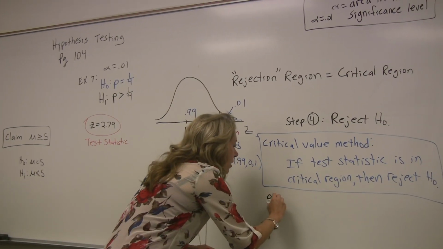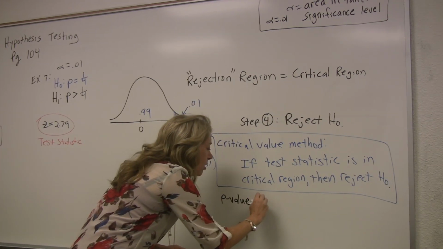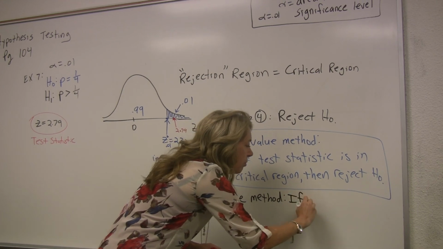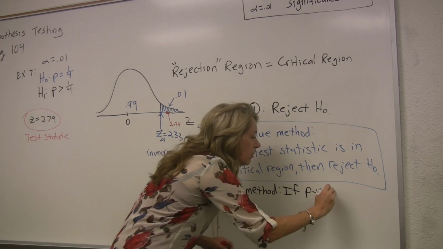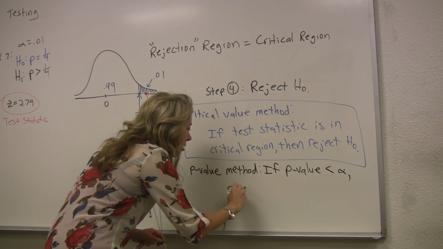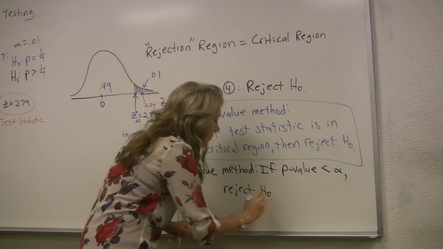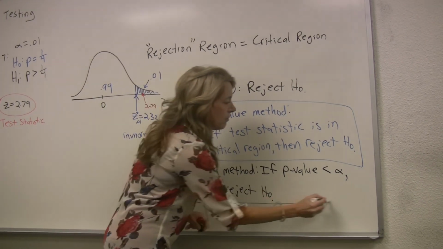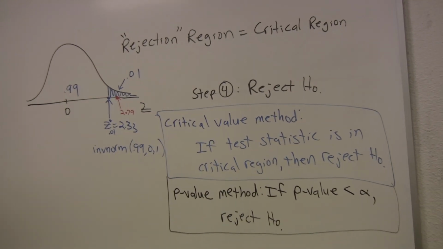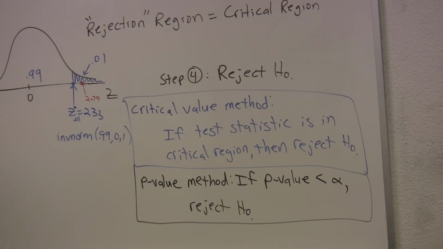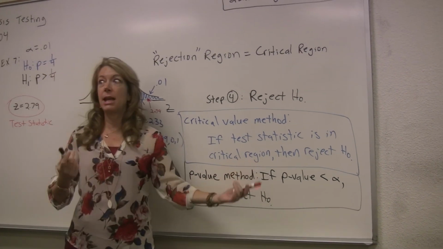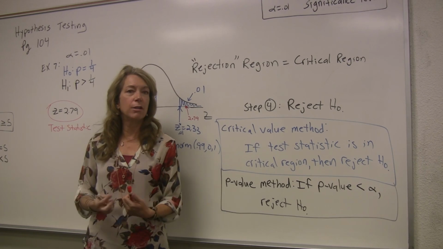So the p-value method: if your p-value is less than alpha, reject H0. When you have a small probability, something's really unlikely to happen, and then it happens, that must be a reason to reject your original claim.